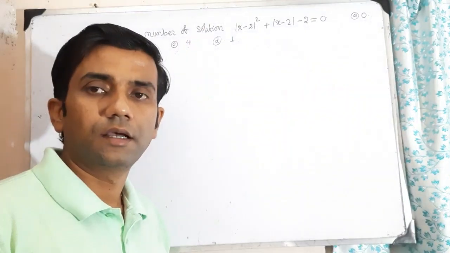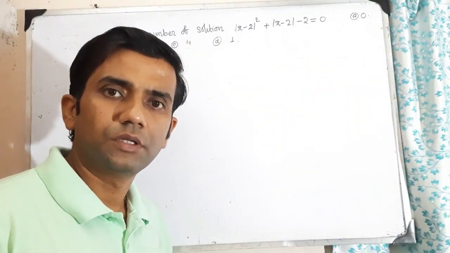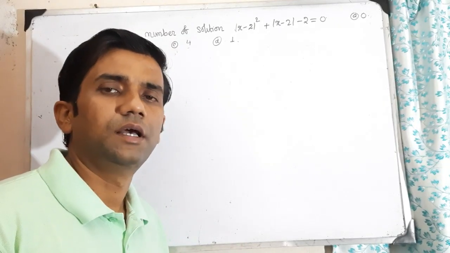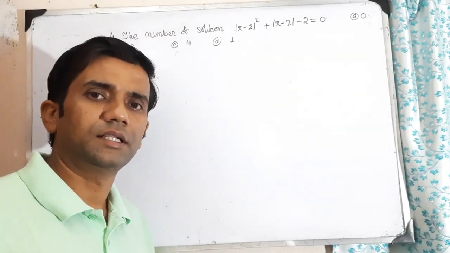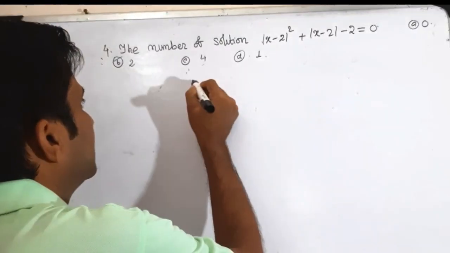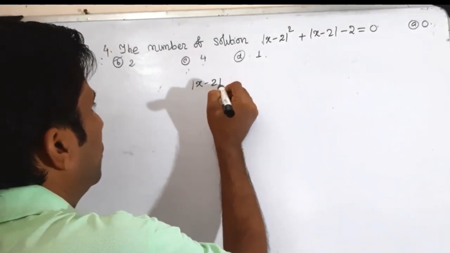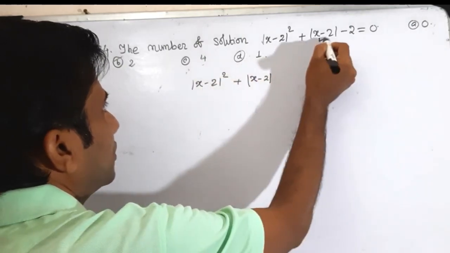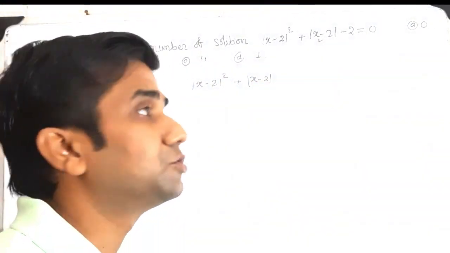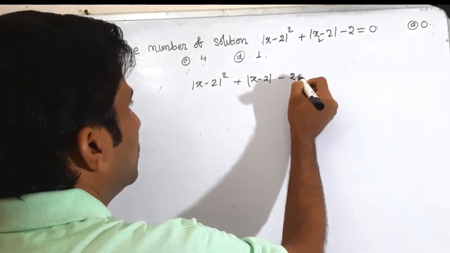Again we see that mod of x minus 2 its whole square means it is simply x minus 2 the whole square. There is nothing in it. X minus 2 whole square plus the factor depends on this mod of x minus 2 minus 2.